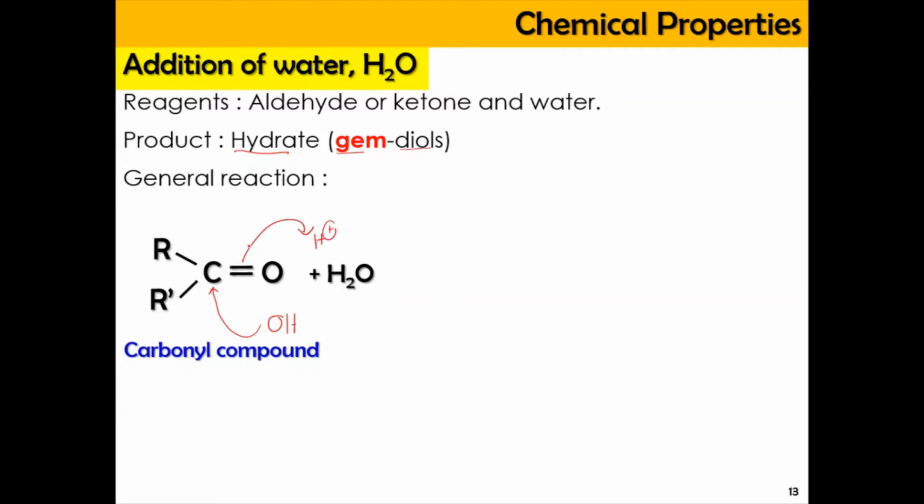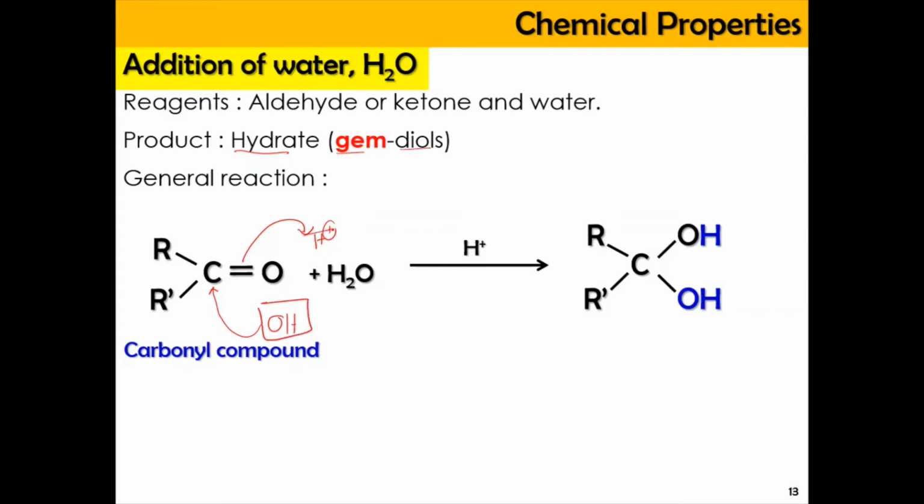As a result, there will be two OH groups on this side, OH here and OH here. This happens under acidified conditions. This product here is known as the hydrate or gem-diol.